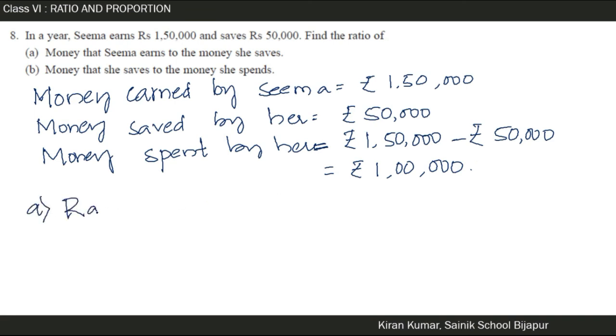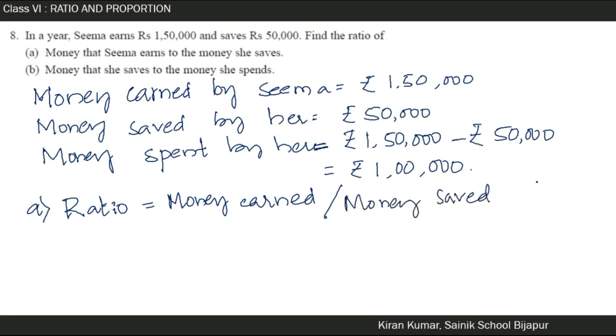In the first one, it is the ratio of money earned upon money saved. Money earned is 1,50,000. Money saved is 50,000.